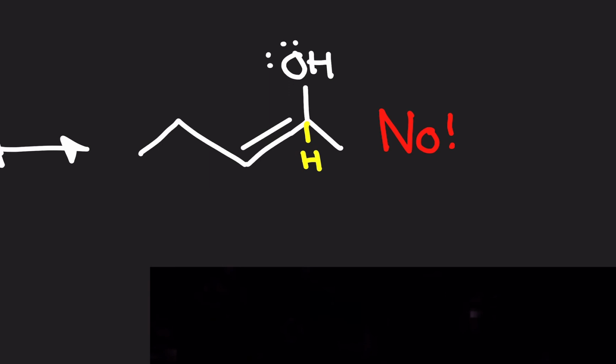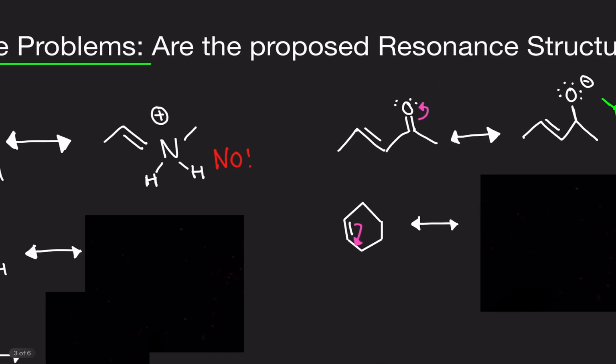We didn't take it away. This is resonance. It's not a mechanism. So in resonance structures, we never change the amount of atoms. The hydrogen is still there. So since the hydrogen is still there, we have 1, 2, 3, 4, 5 bonds. This is illegal. Carbon, which is in the center, cannot have more than 4 bonds.